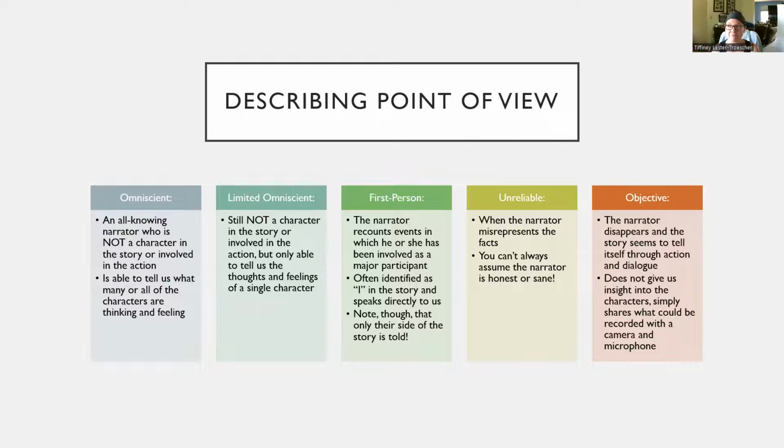But even narrators that would not be clinically insane, we as humans, our natural instinct is to make ourselves look better than what we are. And so when we're telling a story where something bad happens, we may not be totally honest about any role we might have played in that bad thing happening.